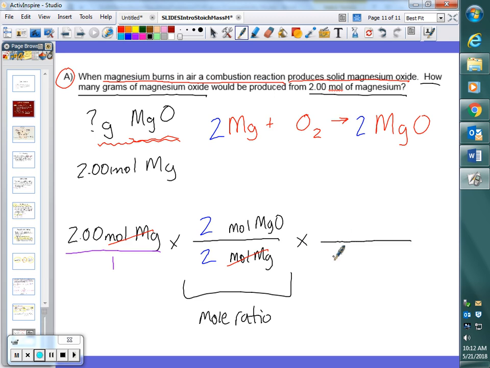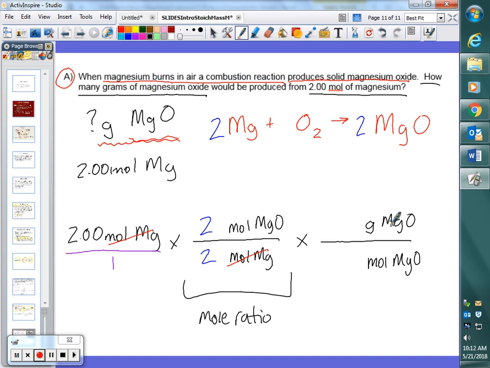Another conversion factor. This second conversion factor must have moles of magnesium oxide on the bottom so that it cancels with the moles of magnesium oxide on the top of the previous conversion factor. And conversion factors get rid of bad units and lead us to good units. So we're getting rid of a bad unit, and we want to end up with our good unit, or the unit that we're looking for, and that's grams of magnesium oxide.